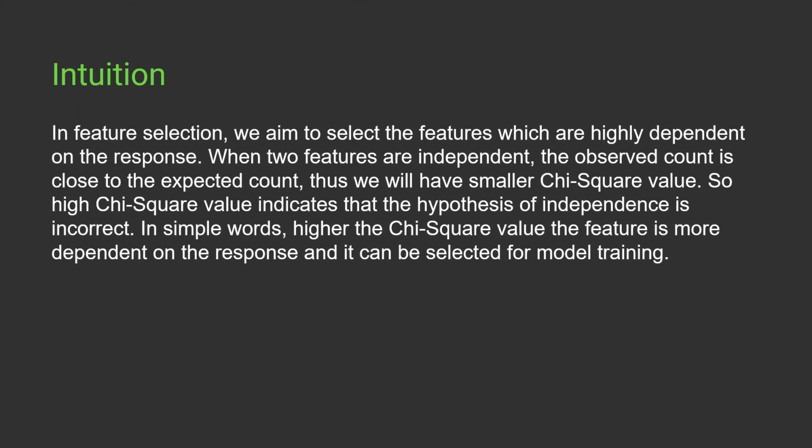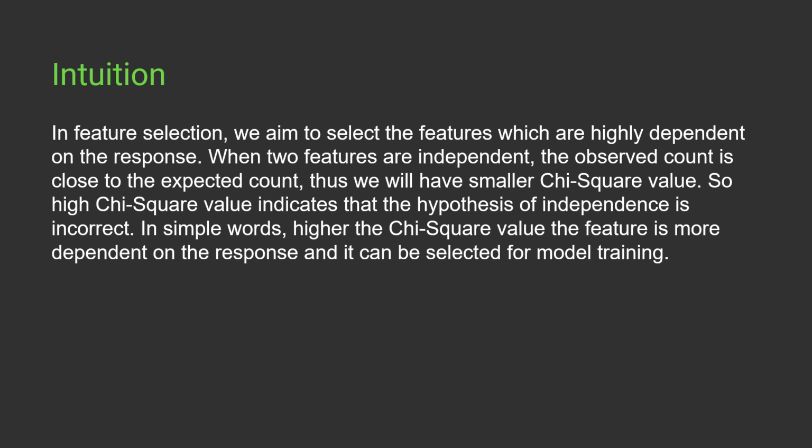In feature selection, the main aim is that we want highly dependent features. By highly dependent, it means that there should be high dependence between the feature and the expected outcome. When two features are independent, the observed value is close to the expected count.